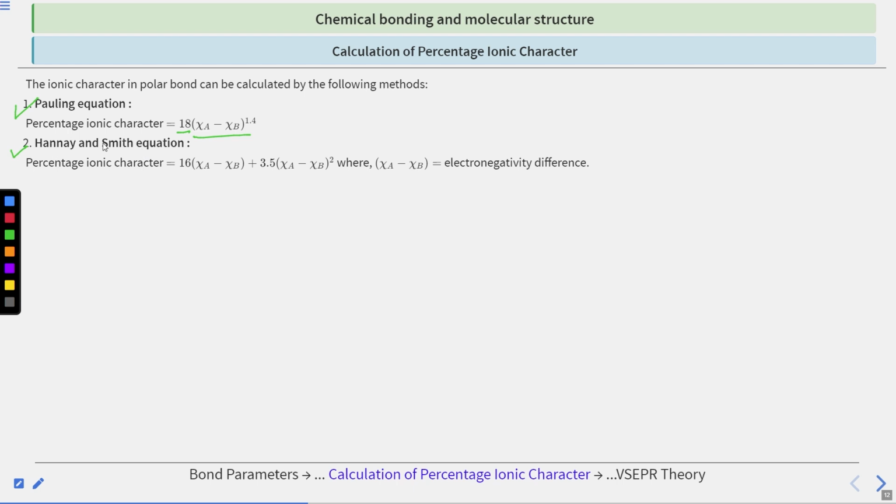Percentage ionic character is equal to 16 multiplied by the difference in electronegativity plus 3.5 multiplied by the square of the difference in electronegativity between the A and B atoms, where Xa minus Xb is the electronegativity difference. Here also I said mole fraction, but this is not the mole fraction, this is the electronegativity difference between A and B atoms. Okay.